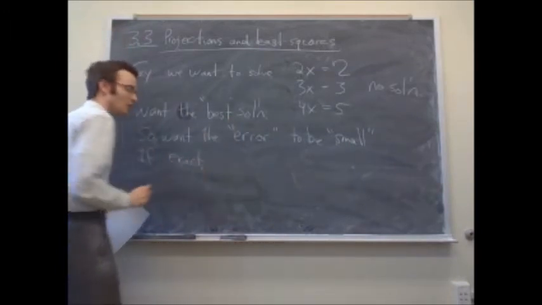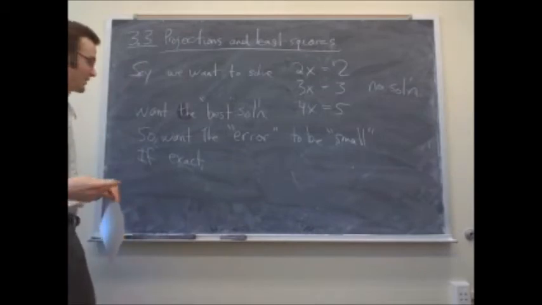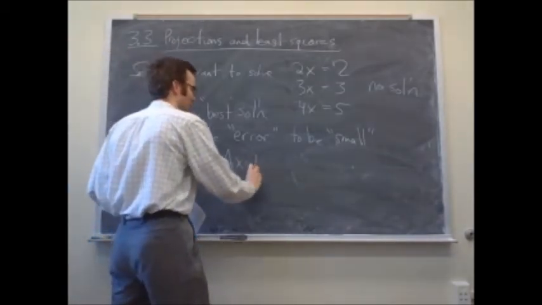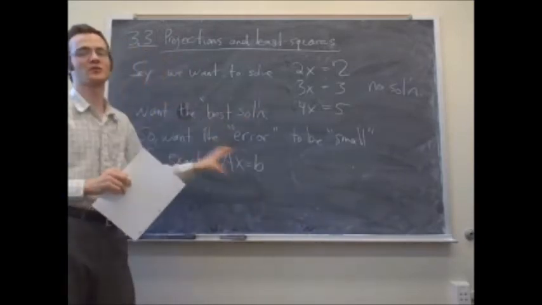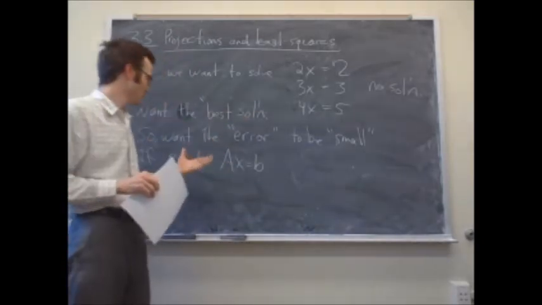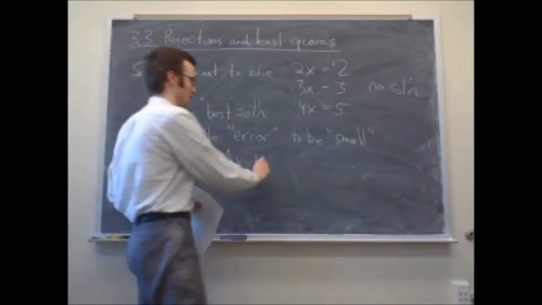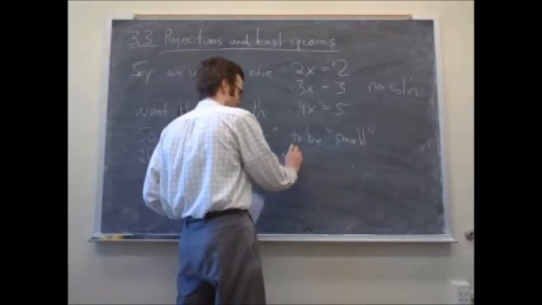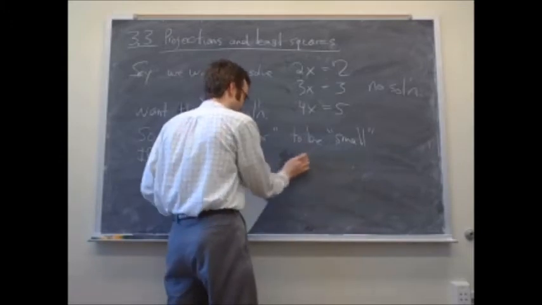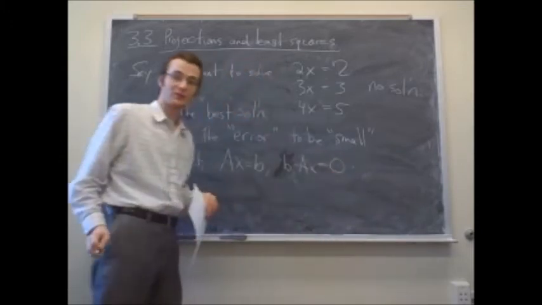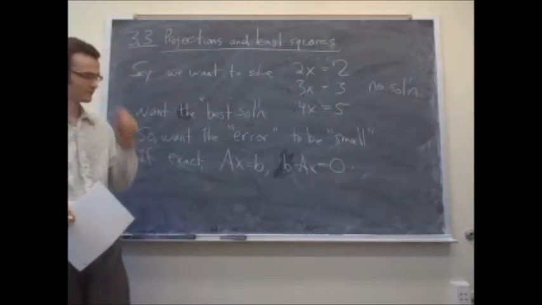If we were to have an exact solution, we would know that AX equals B. To go away from this problem, to go to a general one: if we had an exact solution, we would have AX equals B. Or in other words, B minus AX would equal 0, to move it to the other side.